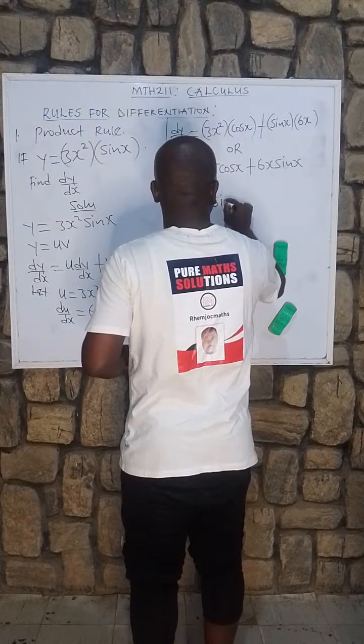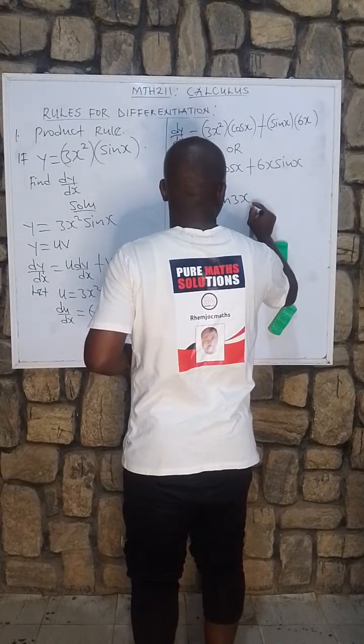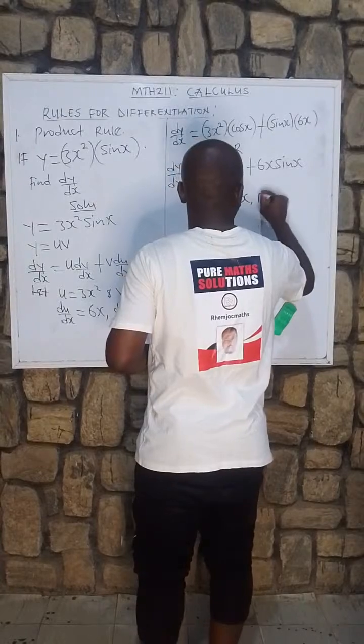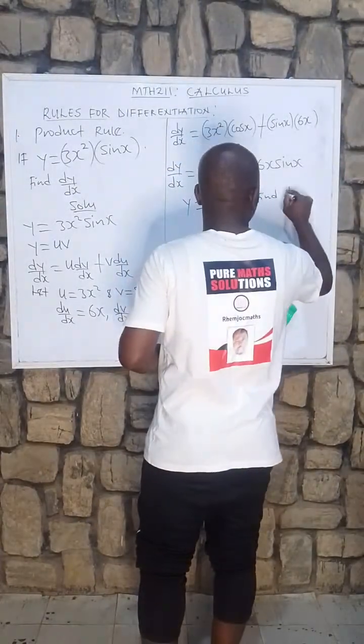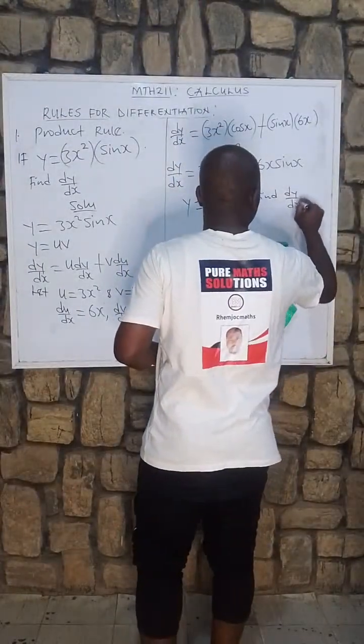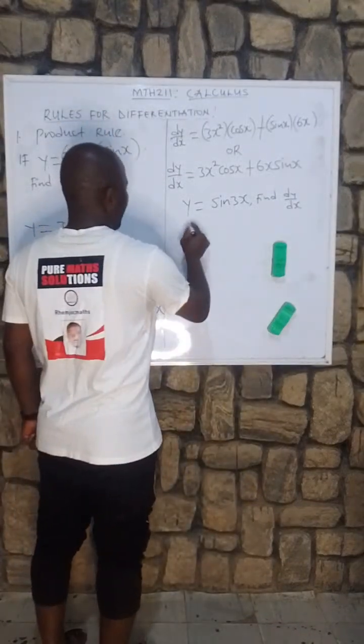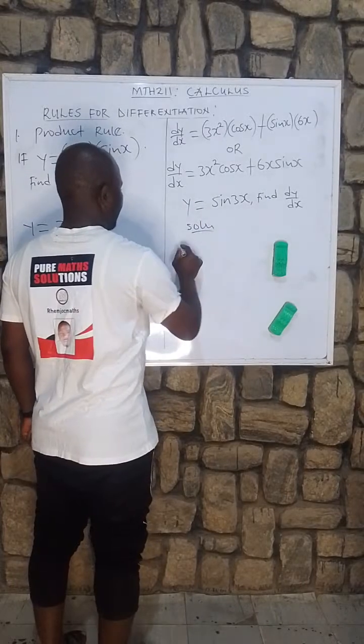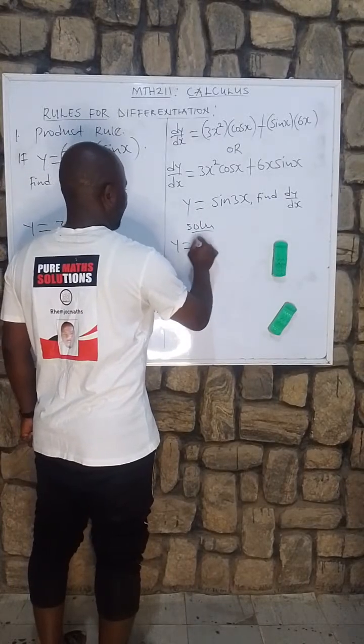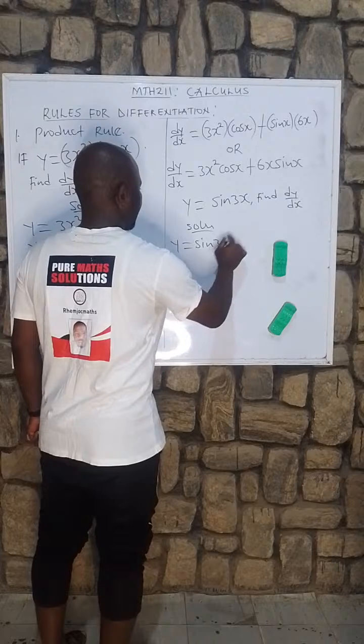If we have sine 3x, find dy over dx. It's simple as ABC. What you need to do is write the solution. y equals sine 3x.